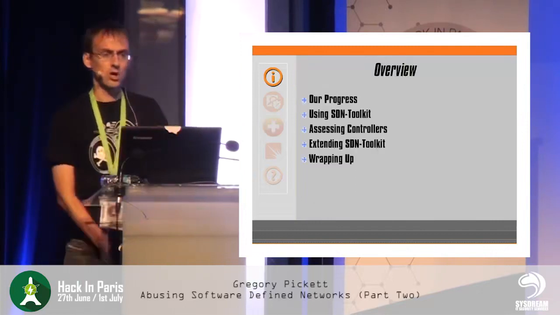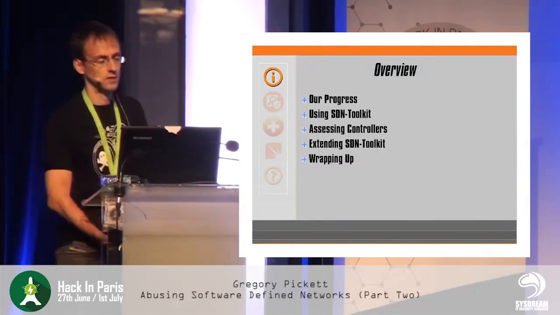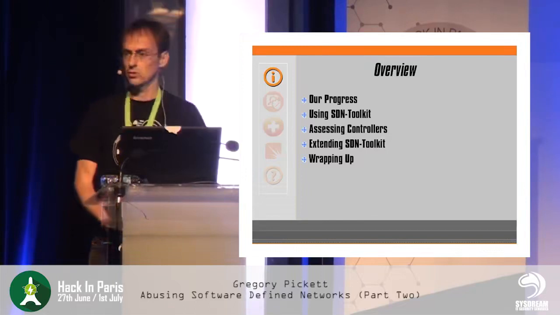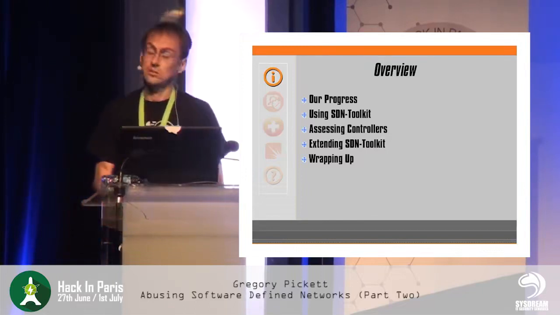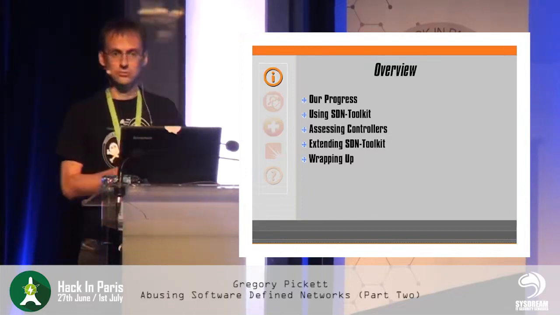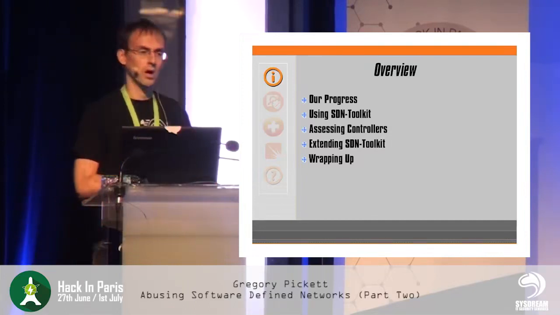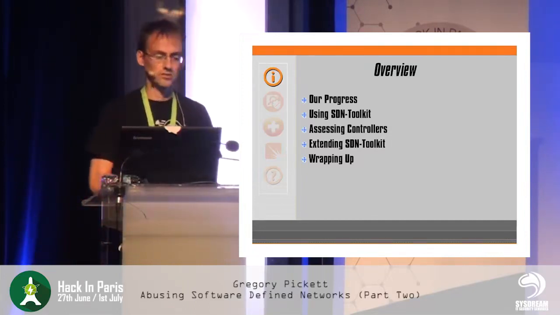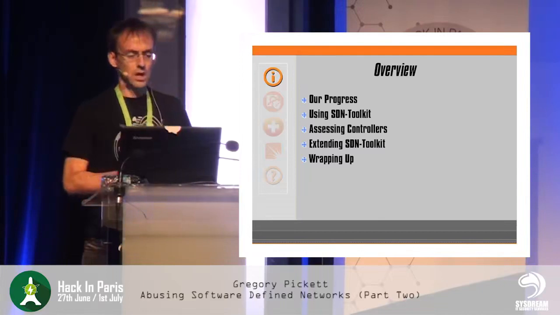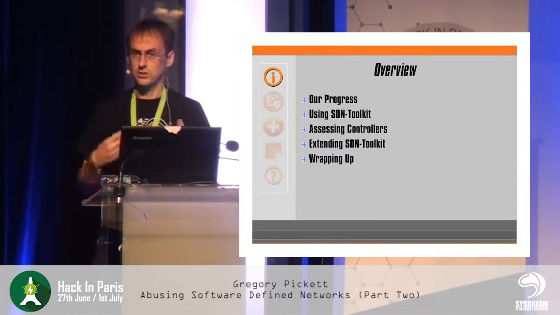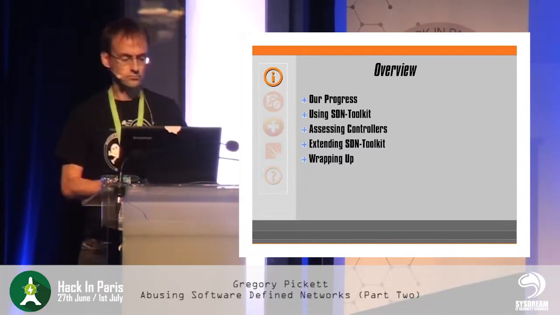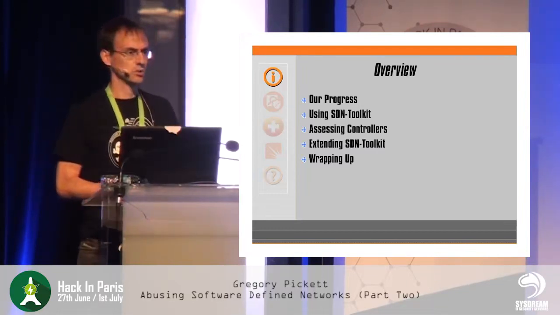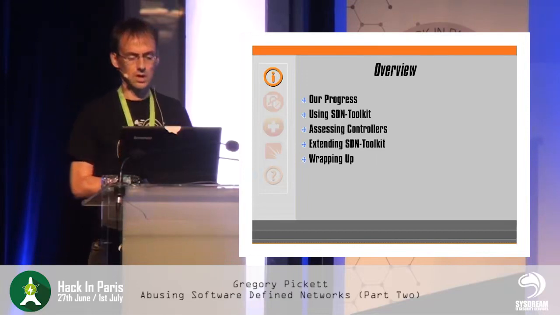An overview of today's talk: we'll start out with our progress. For lots of you, this will be new. You weren't here for part 1, so it helps to talk a little bit about what we were looking at the first time around. After that is using the SDN toolkit to continue the work that we started. Next is assessing controllers. It's pretty straightforward.